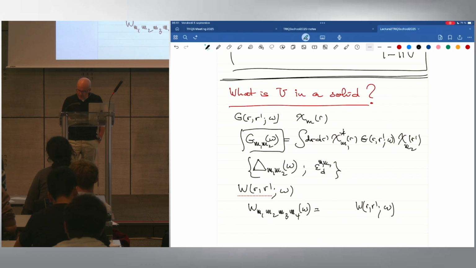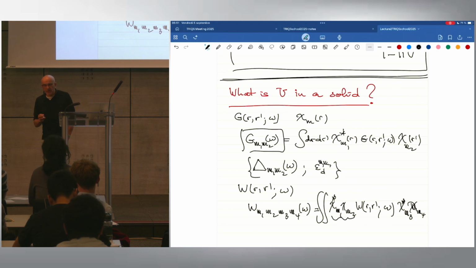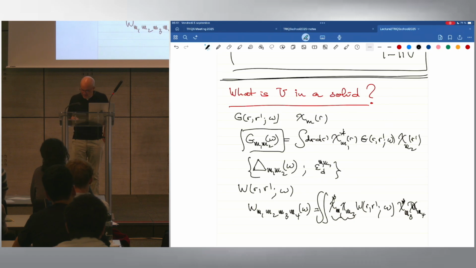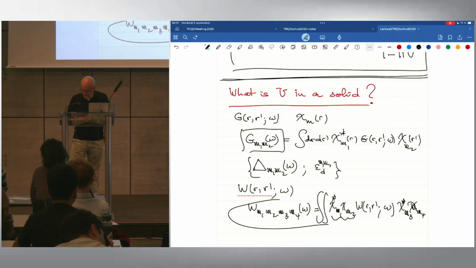If I was very sloppy, I would write here something like chi^*_{m1}, chi^*_{m2}, chi_{m2}, chi^*_{m3}, chi_{m4}, and take the integrals, right? But this is not exactly right because this thing is very overcomplete, so you would have to define a more proper basis set, but morally it is something like this, right?